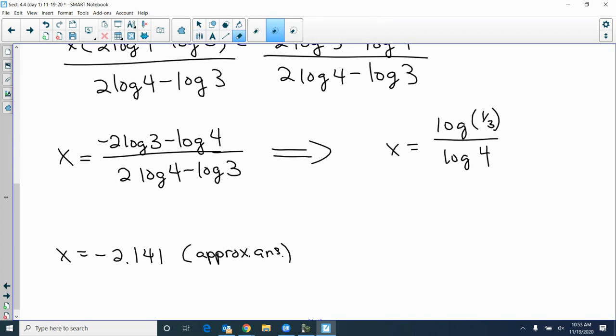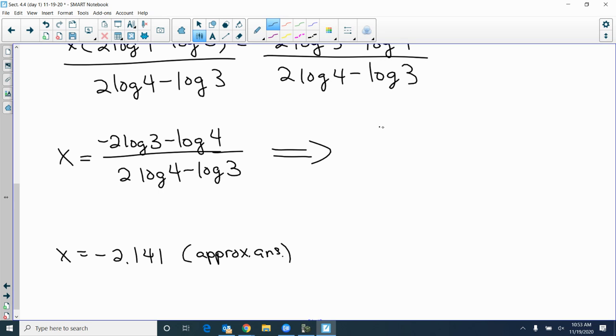So what you have to do is take -2 log of 3 minus log of 4 and simplify that to the log of a single fraction or single constant. Now, how do we do that? What do I do with that -2?